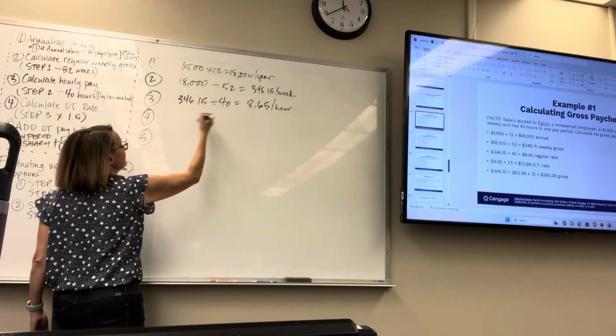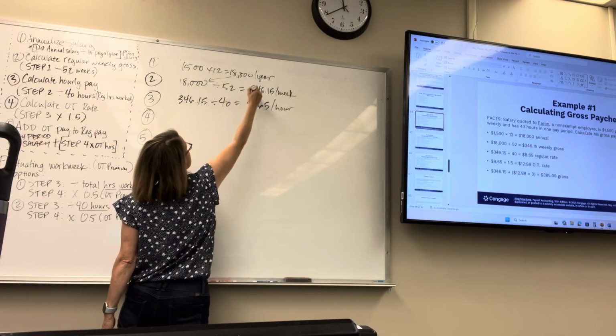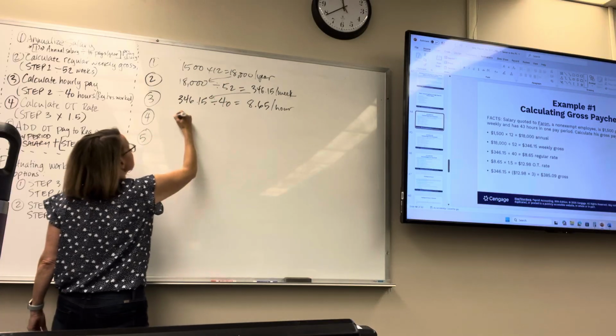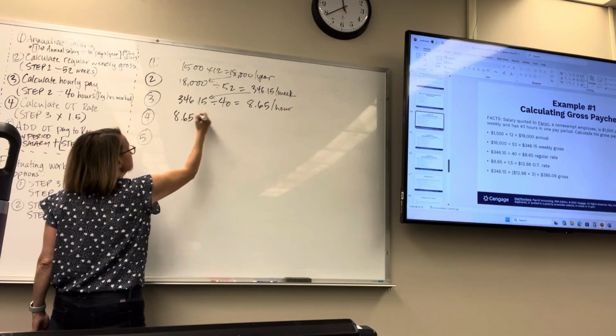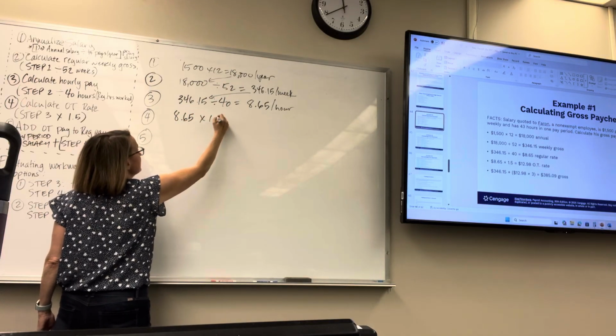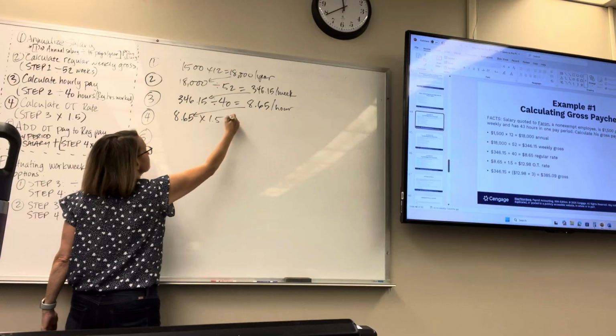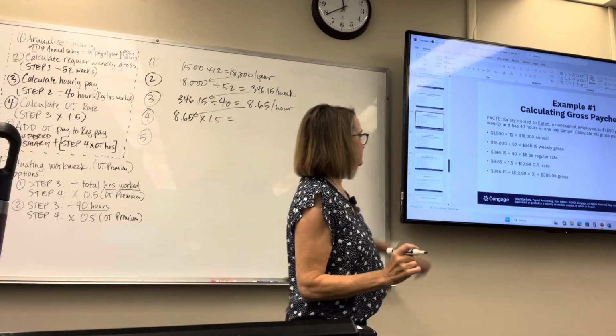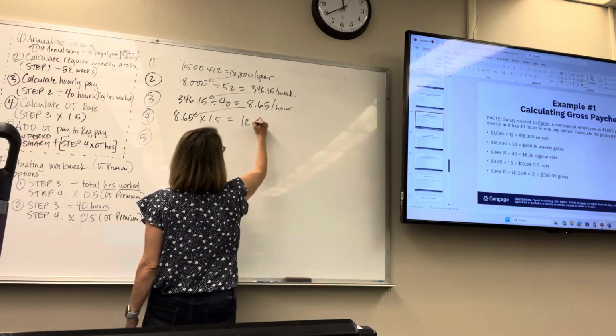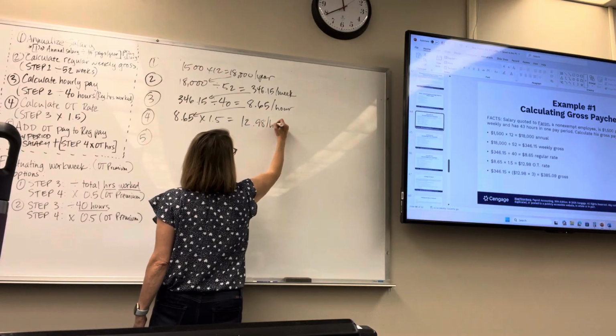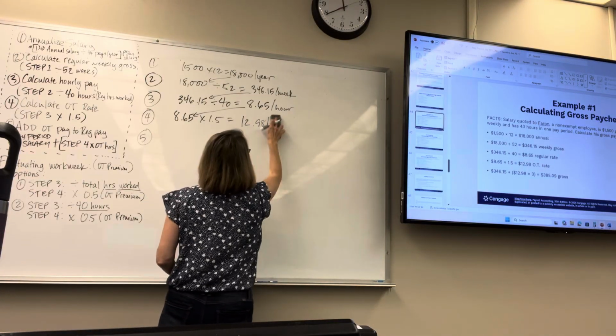Take the $8.65 again. So this goes here, this goes here, times 1.5 gets us to $12.98. This is overtime.